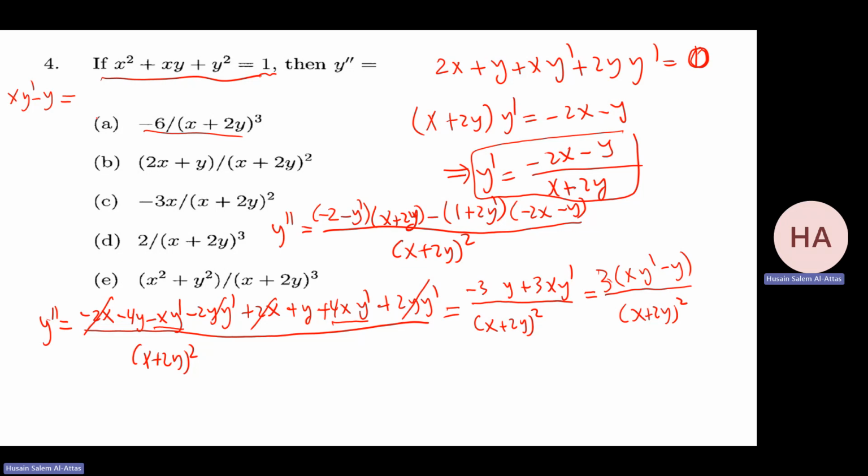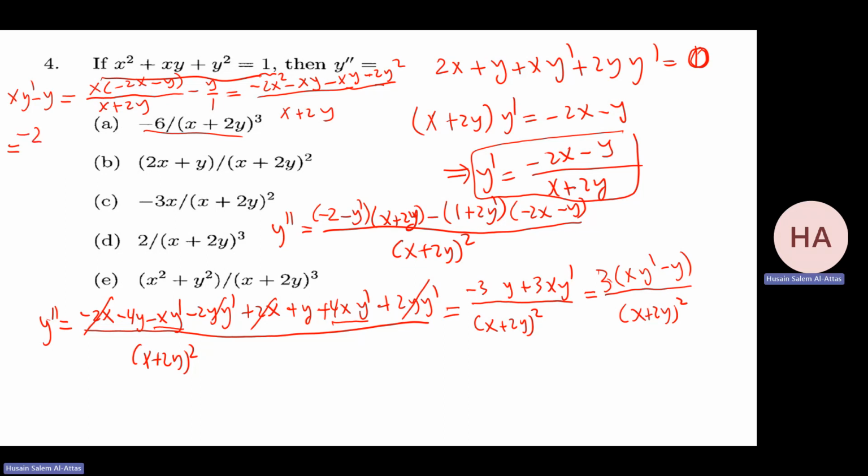It's the same idea. I have x minus 2x minus y over x plus 2y minus y over 1. I can have it as x plus 2y minus 2x squared minus xy minus xy minus 2y squared. And that will be equal to what?